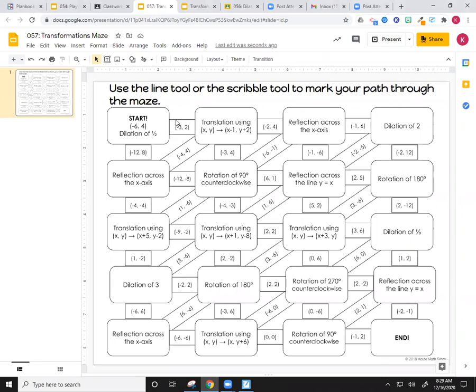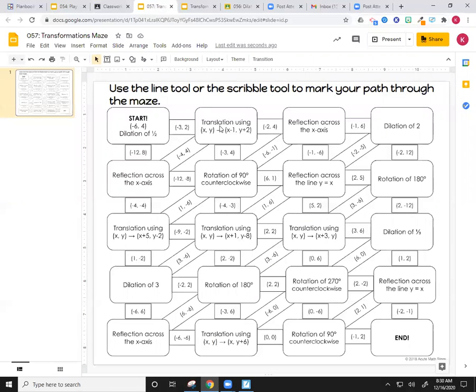So remember, this was my answer. -3, 2 was my answer. Yeah. It's telling me to subtract 1 from the x value. So instead of -3, it's going to be -4. Then it's saying add 2 to the y value. So instead of +2, it's going to be +4. So your answer here is -4, 4.